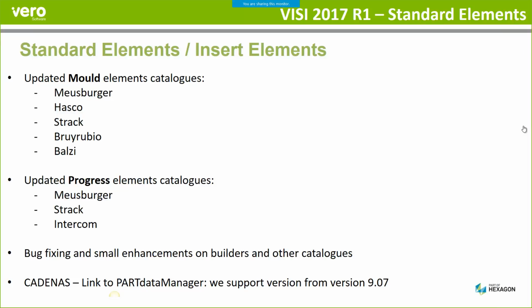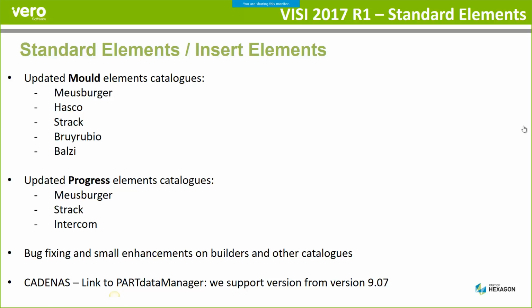Okay, so moving on to the standard elements. This is the standard elements for both mold and progress. So we're constantly updating the libraries. We've updated the mold in the following areas: Meusburger, Hasco, Strack, and some others, Bruvio, and never even heard of the last one, to be honest.